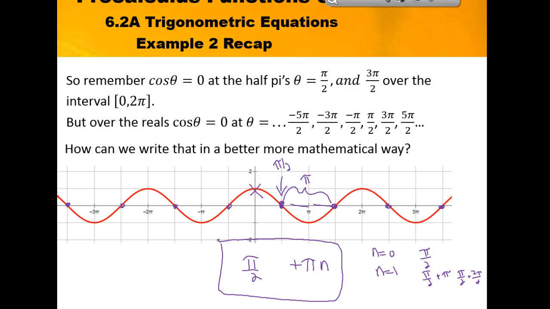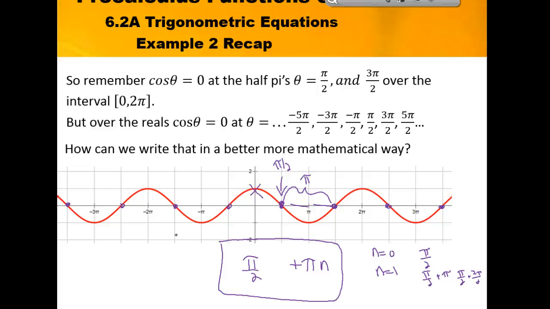Okay? All right. So for this, you're just looking at a graph. You're just checking it by looking at the graph. That's fine. And these ones are easy because it falls at one of these nice values, right?